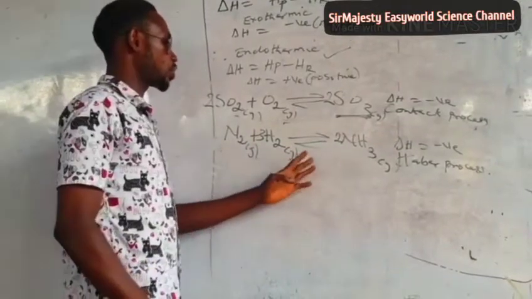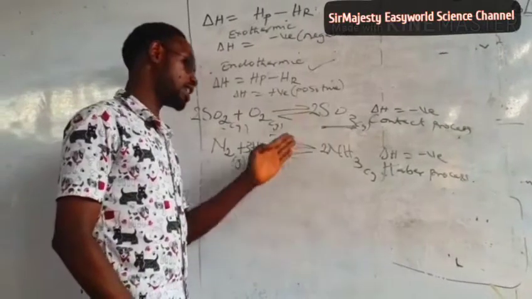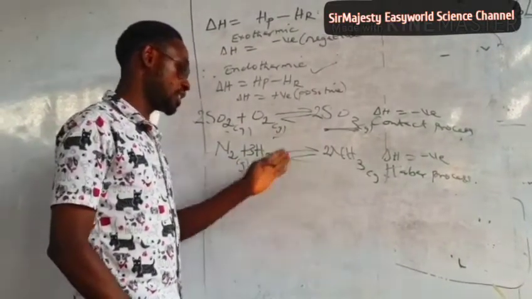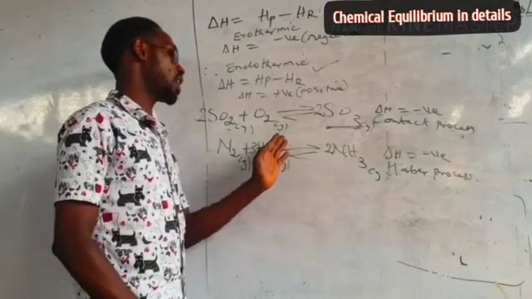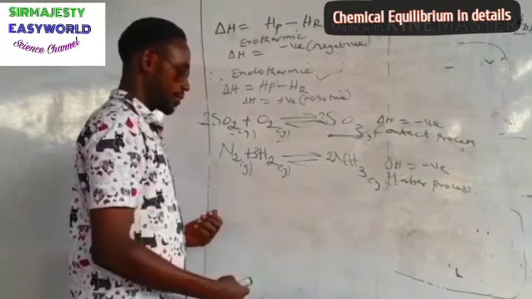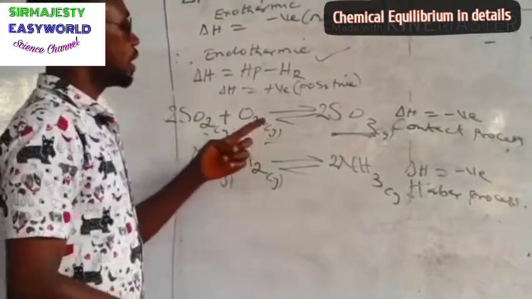But let's assume the temperature is affected. The equilibrium will be achieved at a particular temperature. If you shift from that temperature, the equilibrium will also shift. If you change the temperature at which these have attained equilibrium, the equilibrium will shift either forward or backward, either right or left, in order to absorb the effect of the change imposed on the system.